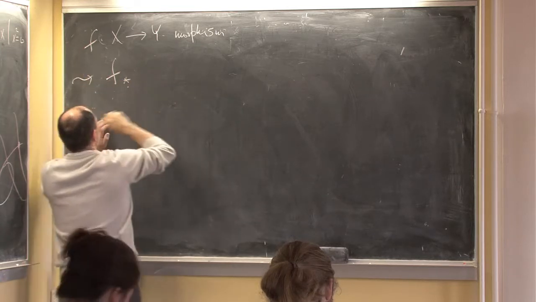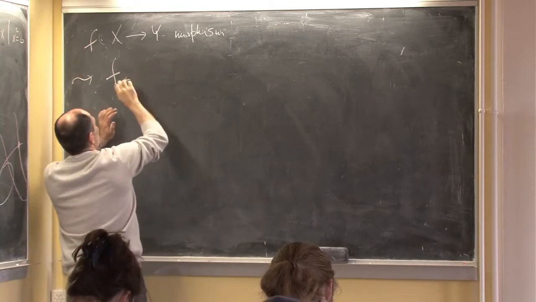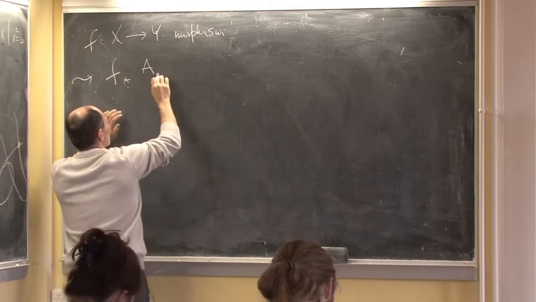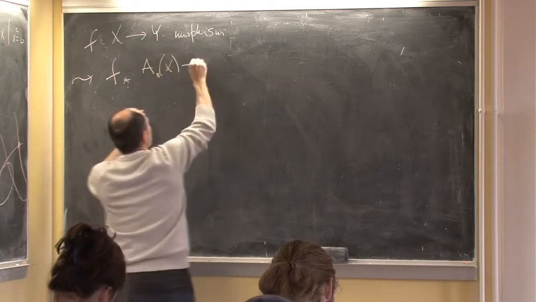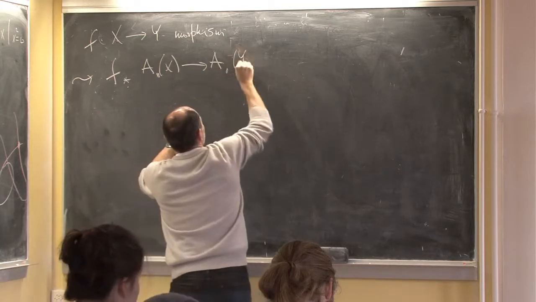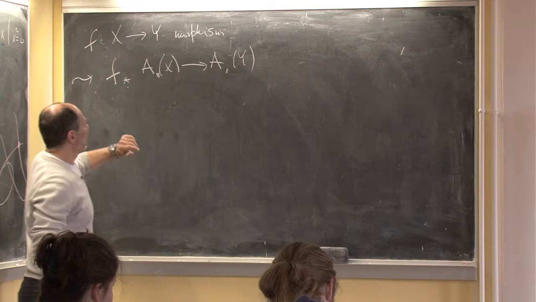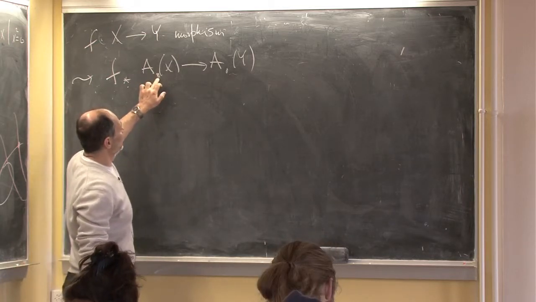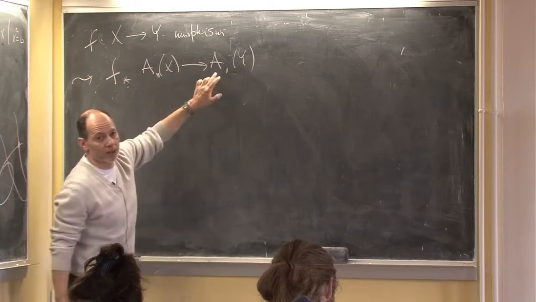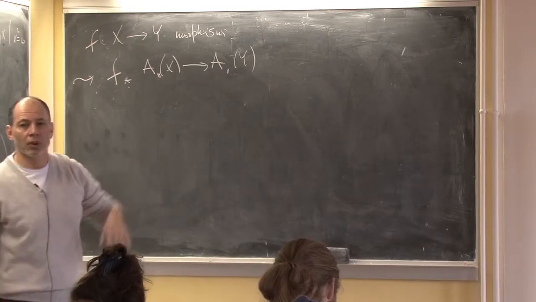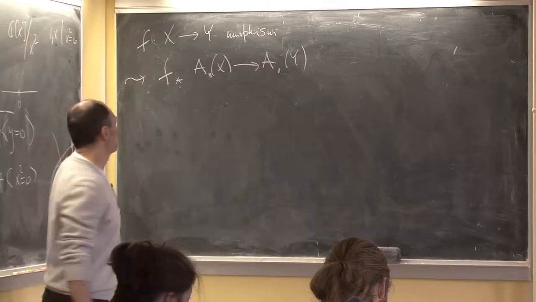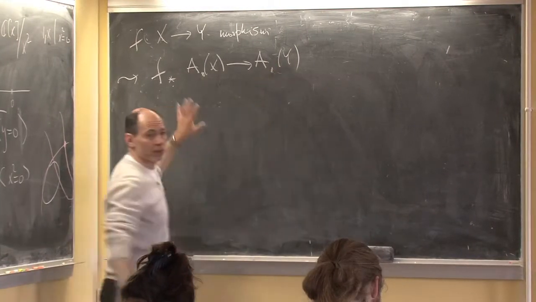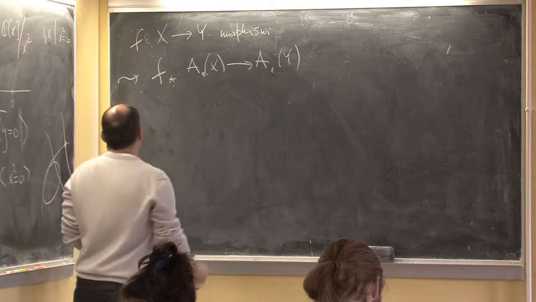This gives rise to f lower star, which maps A. When I put this dot, what I mean is that the degrees here are the same. So it's a graded morphism. So I will be consistent with that. If it changes, if it's a higher one, I put +1 here, but this is correct.